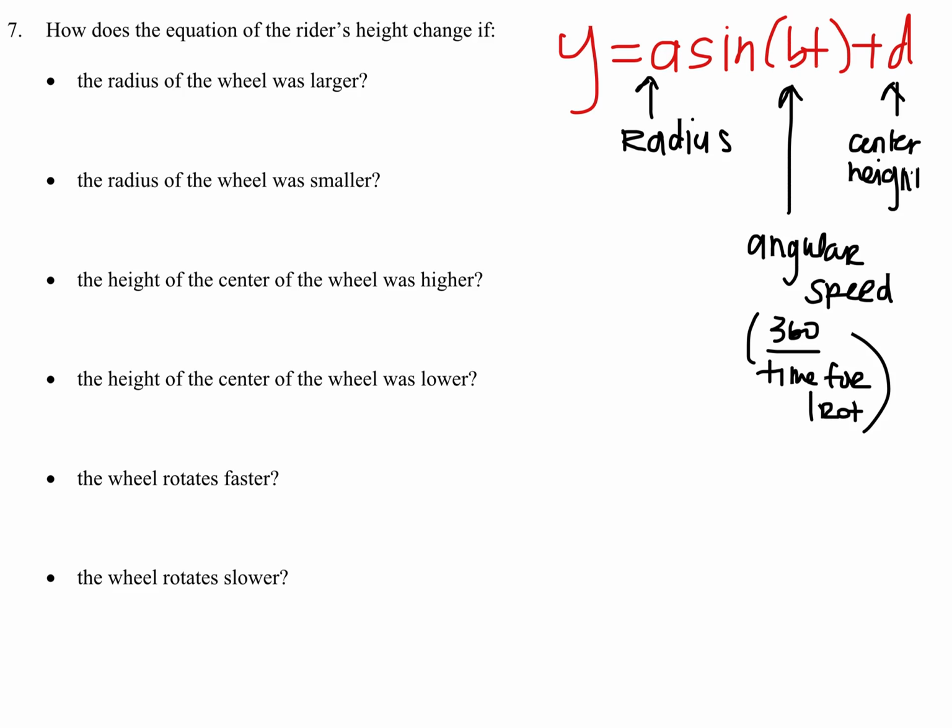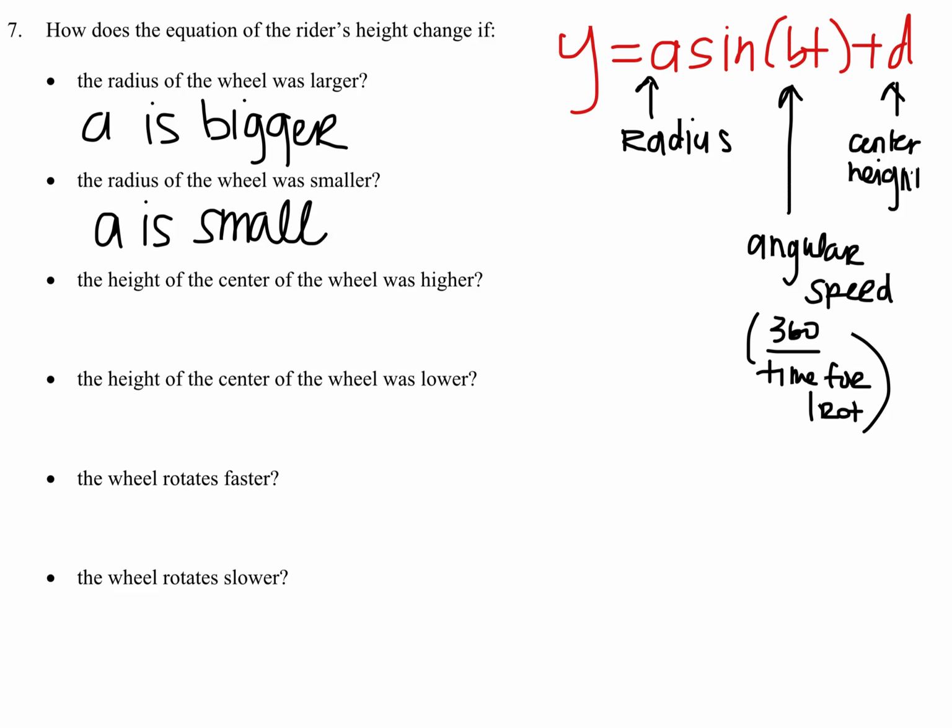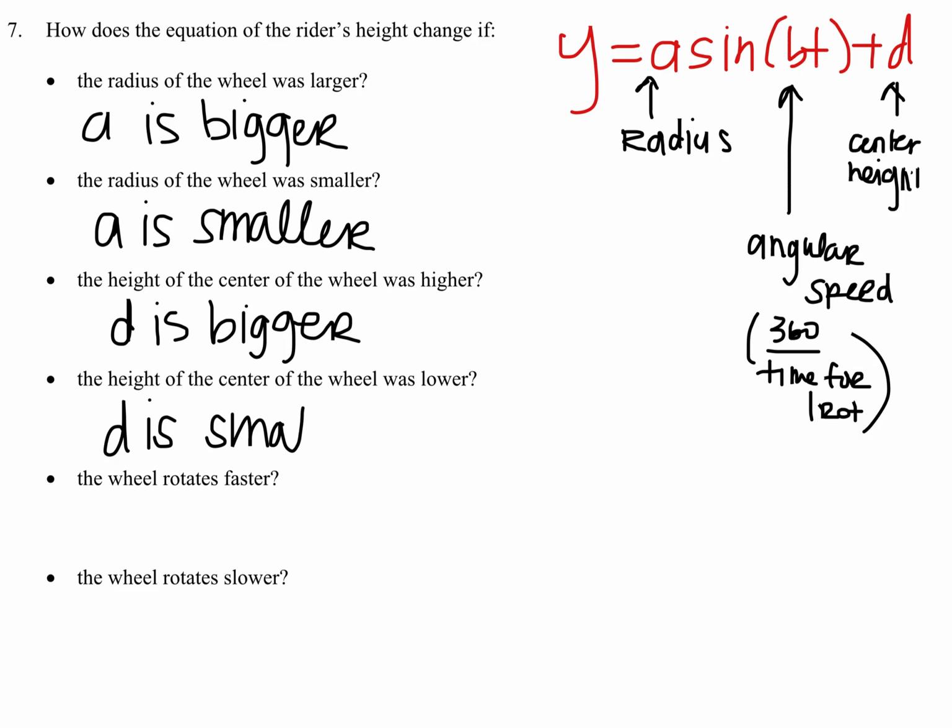So if my radius is larger, that just means that A is bigger. If my radius is smaller, that means A is smaller. If the height of the center of the wheel is higher, that just means D is going to be a bigger number. If the height of the center of the wheel was lower, it means D is smaller.